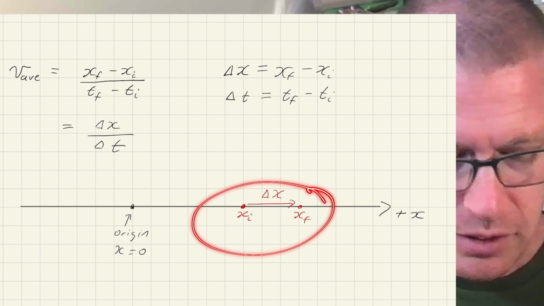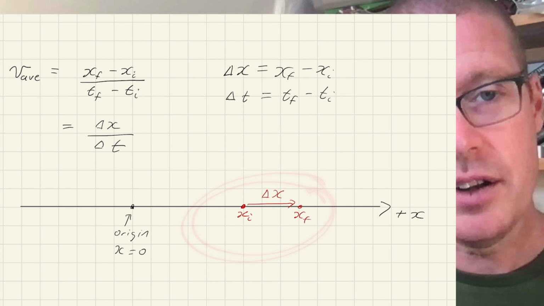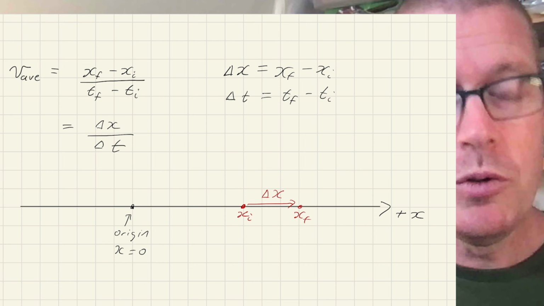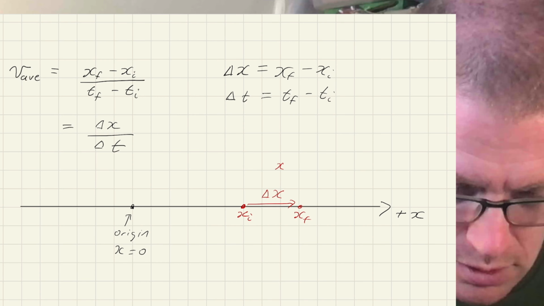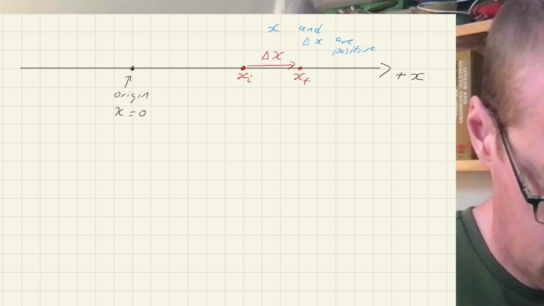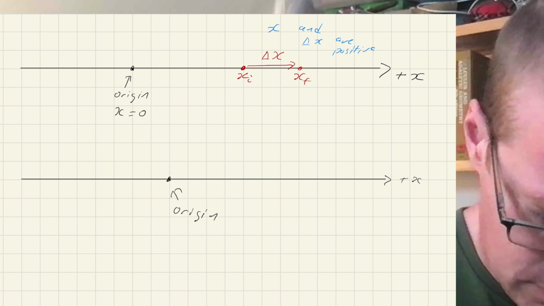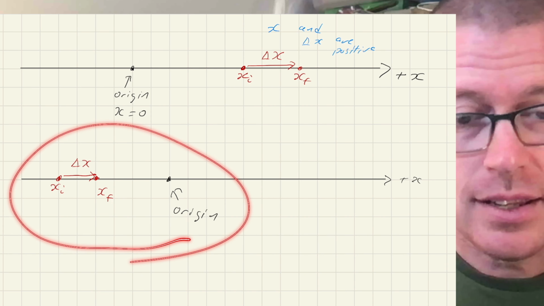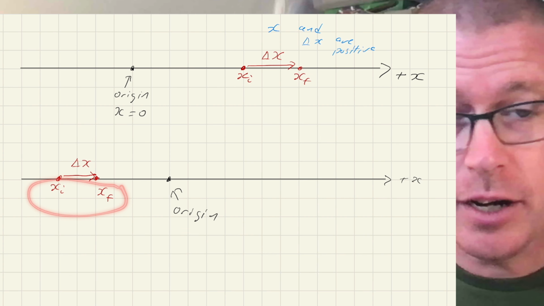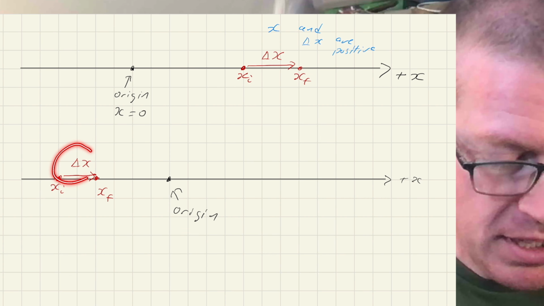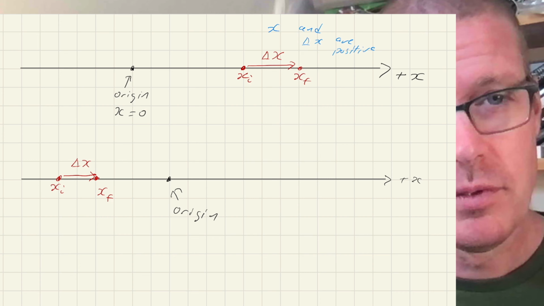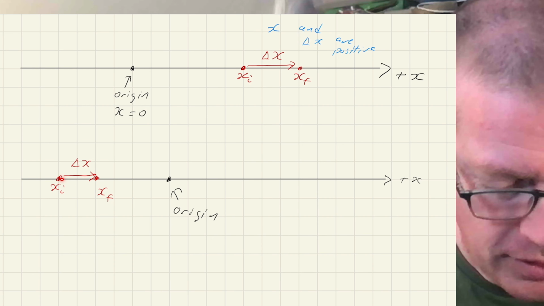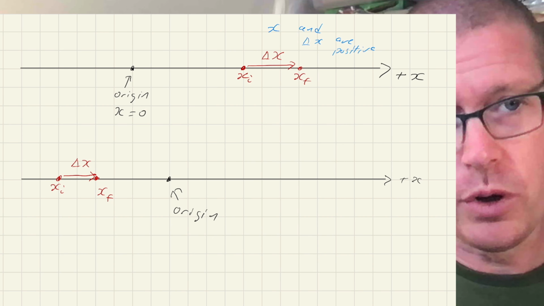You're on the right hand side, in the positive side of the origin, and you're moving in the positive direction. Here is a case where xf and xi are both negative, but delta x is still positive. And it corresponds to moving closer to the origin.